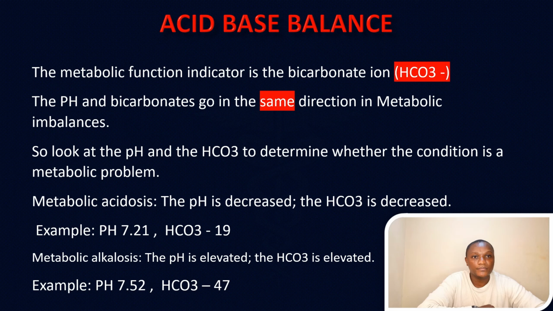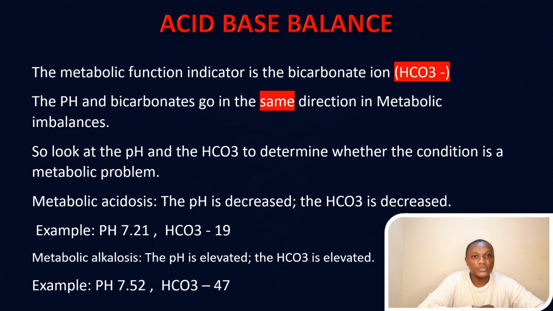For example, a pH of 7.21 and a bicarbonate value of 19. That is metabolic acidosis. When the pH is elevated, let's say 7.52, and the bicarbonate is also elevated, like 47, that defines metabolic alkalosis, because in metabolic alkalosis the pH is high and the bicarbonate is also high.